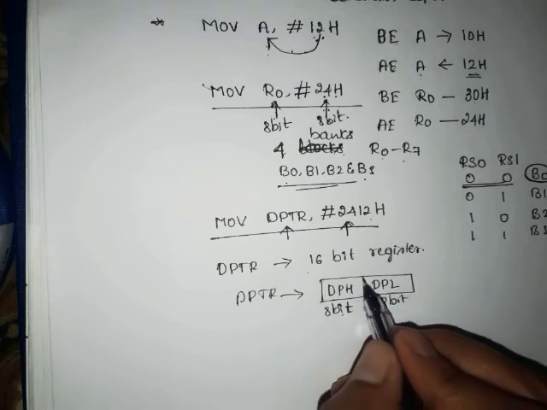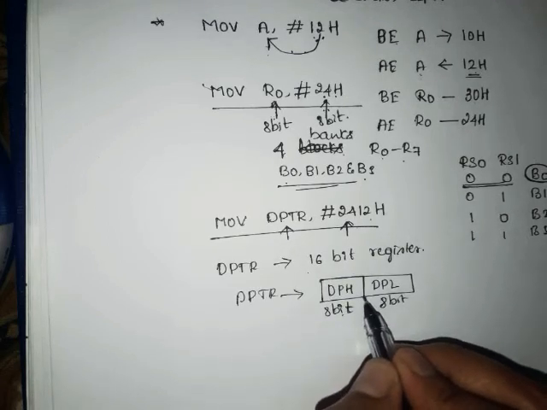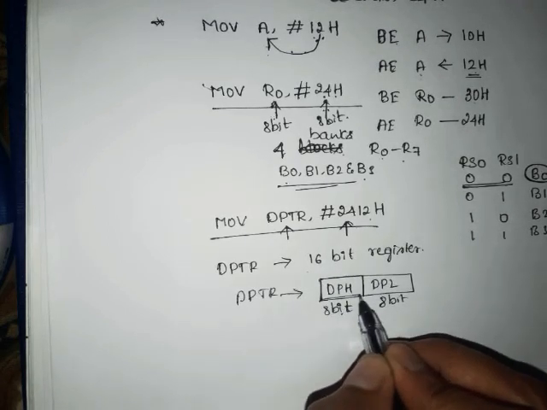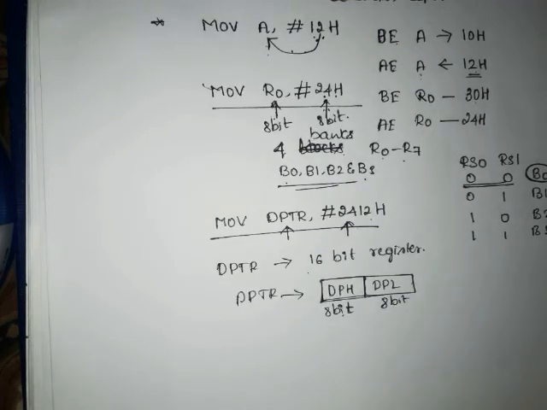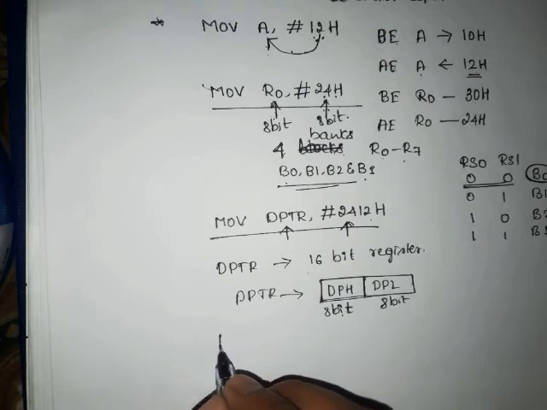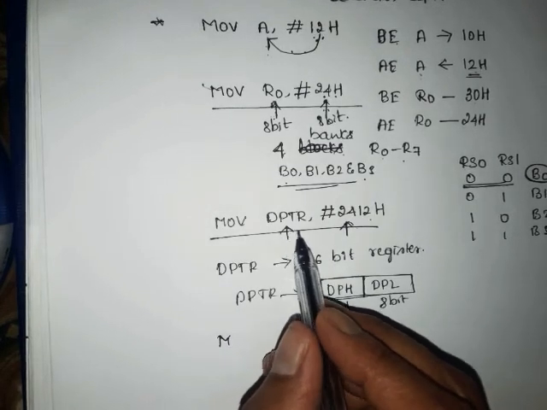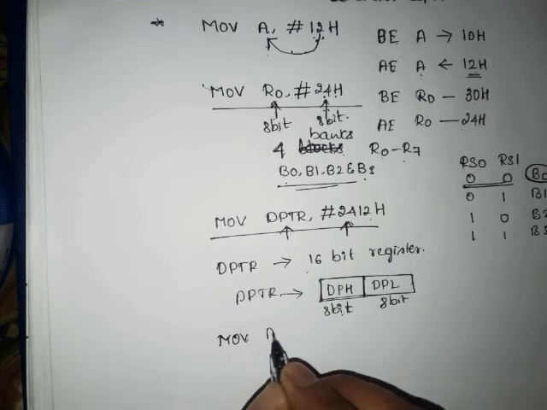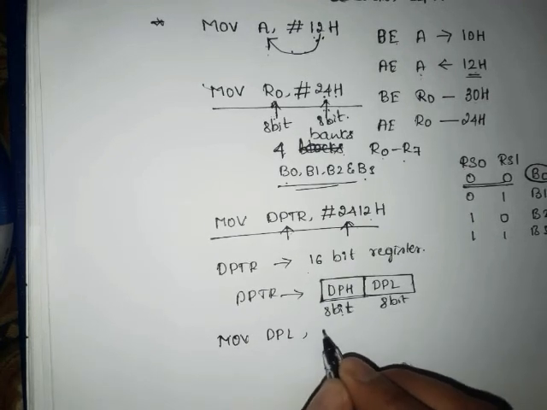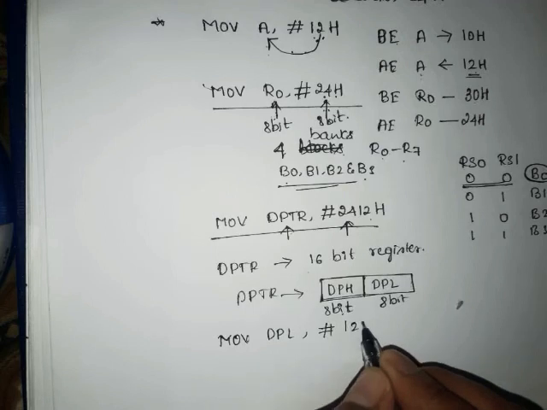You can address each byte of DPTR also. For example, instead of using DPTR, 2412H, you can use the instruction move DPL, hash 12H.